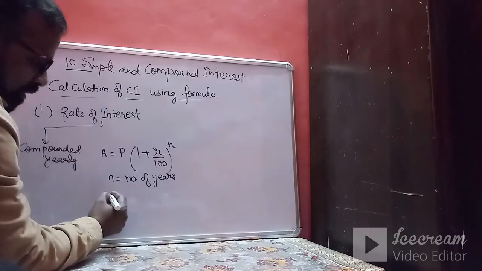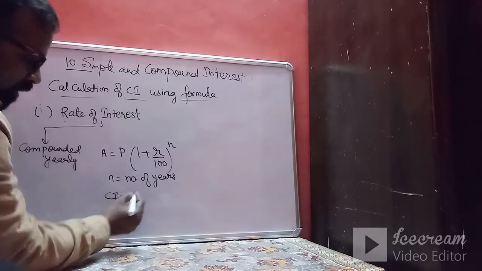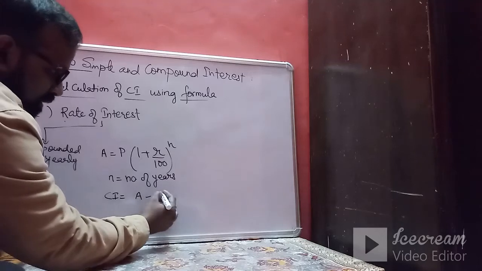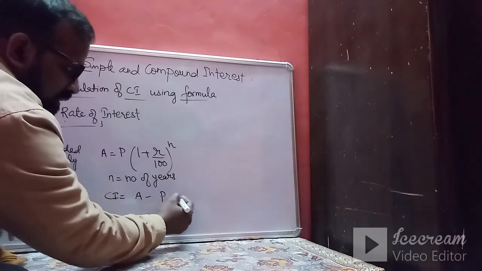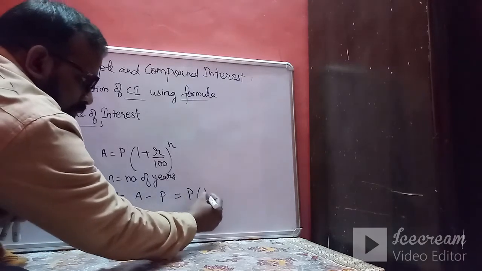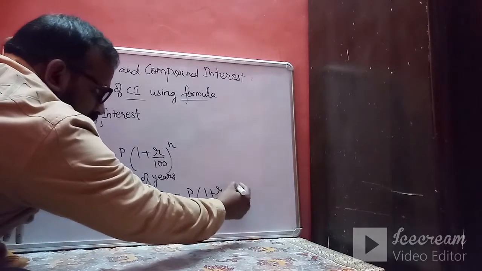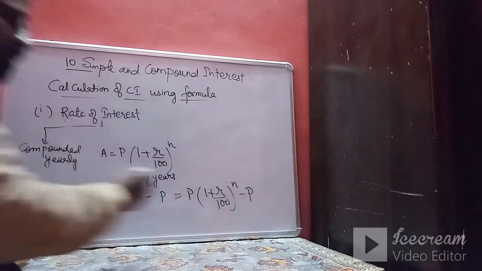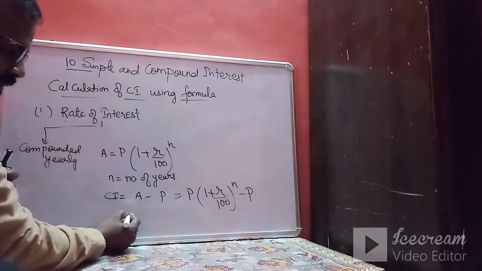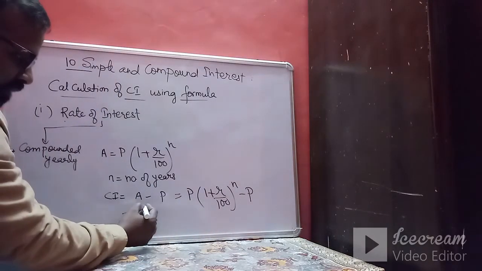So what will be the compound interest? Compound interest will be A minus P, that is P into 1 plus R upon 100 to the power n minus P. So what will be our answer? We will take P as common.